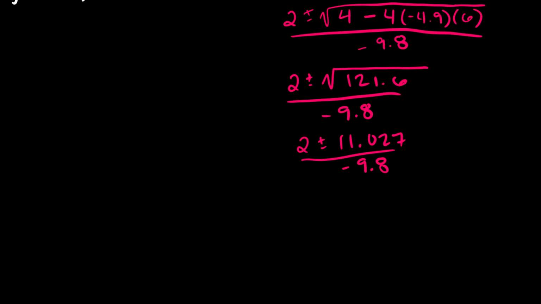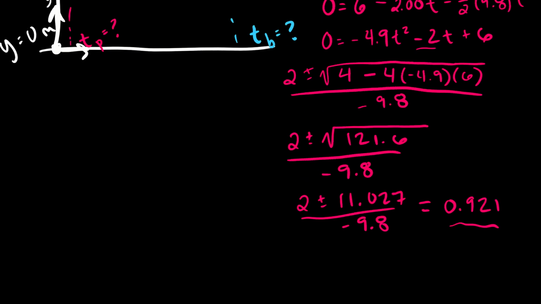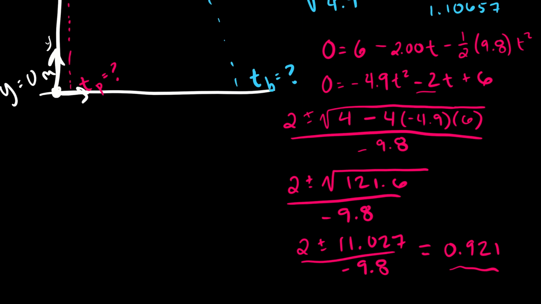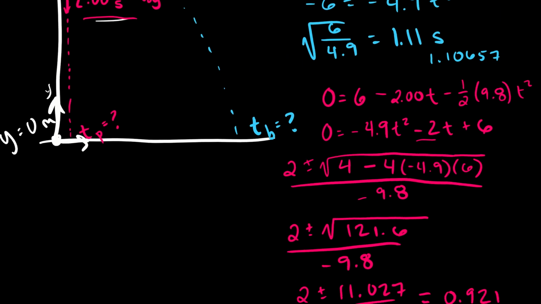We take 2 minus that 11.027, and divide it by negative 9.8, and we get 0.921 seconds-ish. As we anticipated, this number is smaller than this number up here.